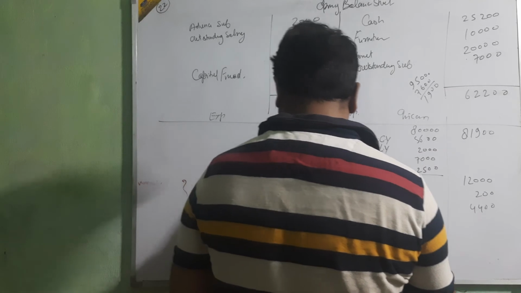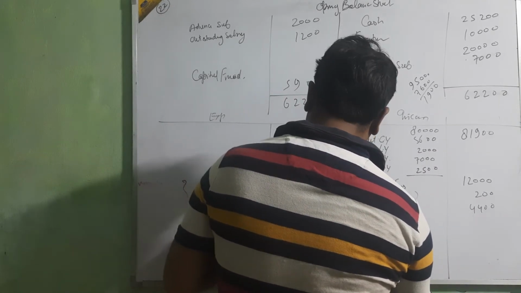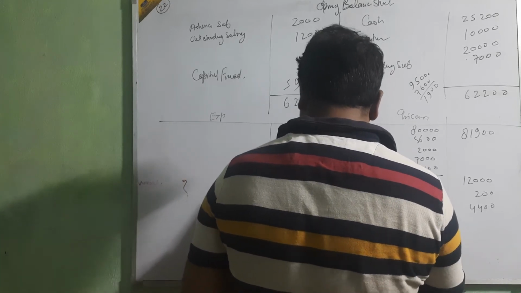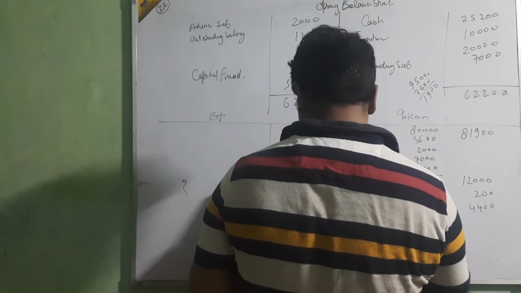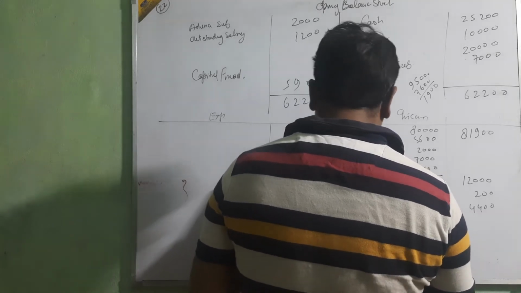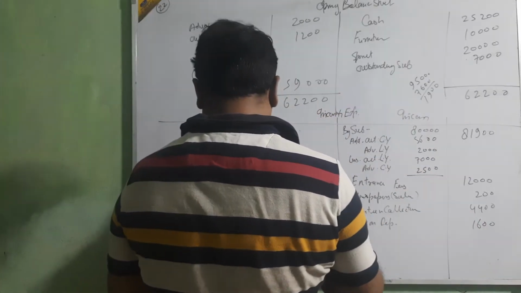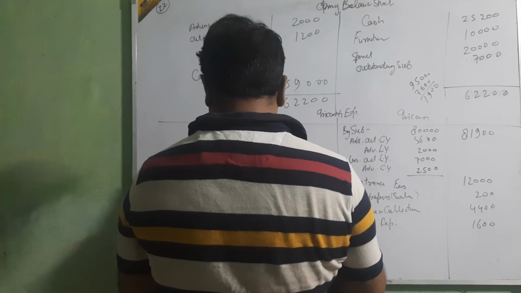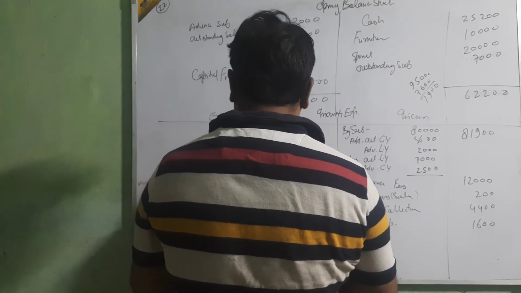Next, interest on deposit 1,600. Okay. Finished. Now we are going for the expense side.